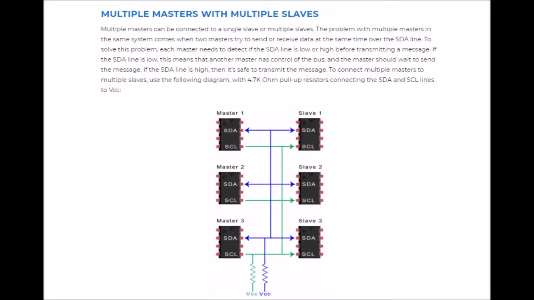If the SDA line is low, this means that another master has control of the bus and the master should wait to send the message. If the SDA line is high, then it's safe to transmit the message. To connect multiple masters to multiple slaves, use the following diagram with 4.7K ohm pull-up resistors connecting the SDA and SCL lines to VCC.